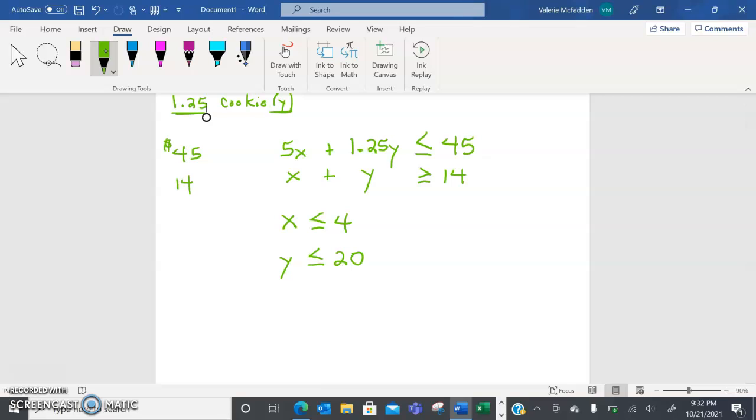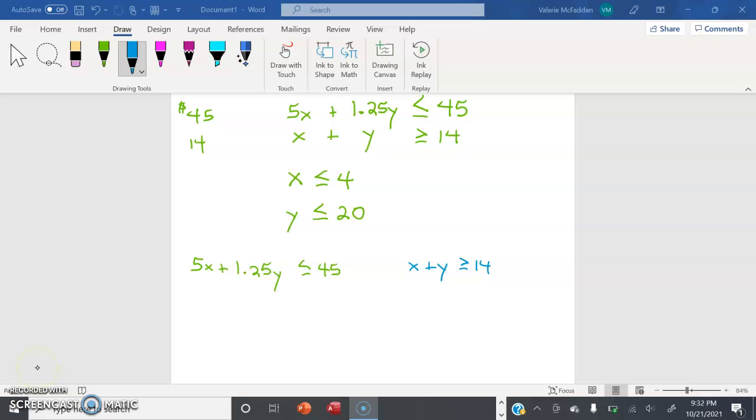So let me get some graph paper here. All right, before I even get the graph paper, I'm going to solve these to put them into y equals mx plus b form. So I'm going to subtract 5x from both sides.